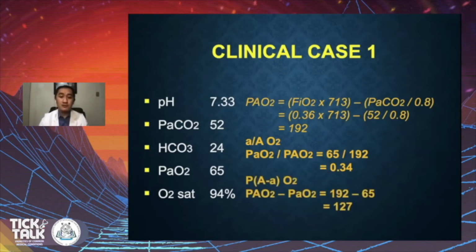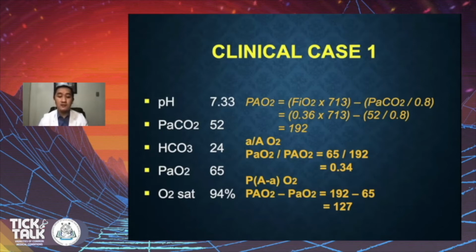Let's try another index of oxygenation, the alveolar-arterial gradient. So your alveolar O2 is 192 minus your PO2 65, equivalent to 127. Expected at this age is 15 plus or minus 5.